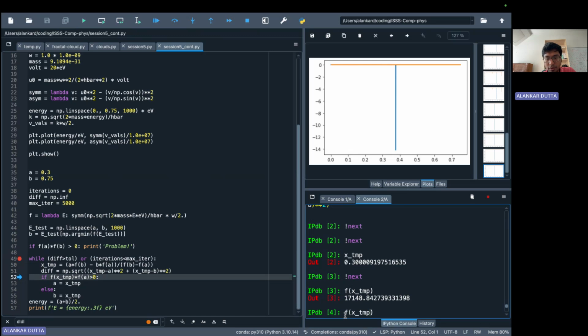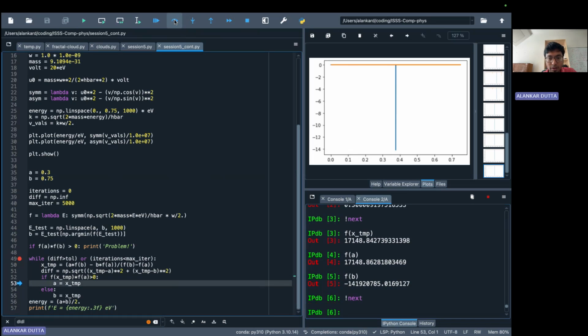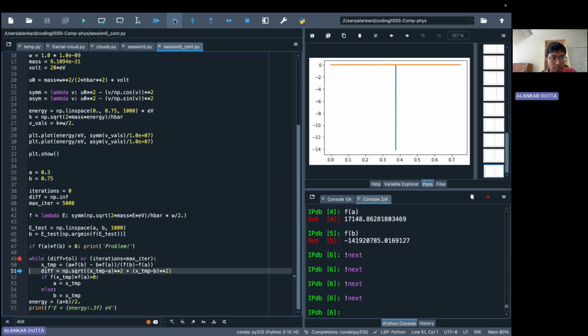and then f of XGMP is something, then f of A is also something, right? And f of B is negative. So we are now replacing f of A with f of XGMP, right? So we go in, come in here, find out the next XGMP, right?